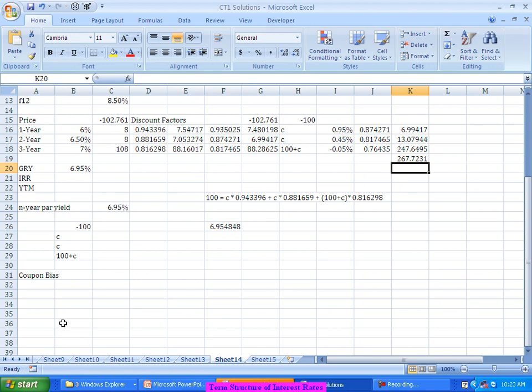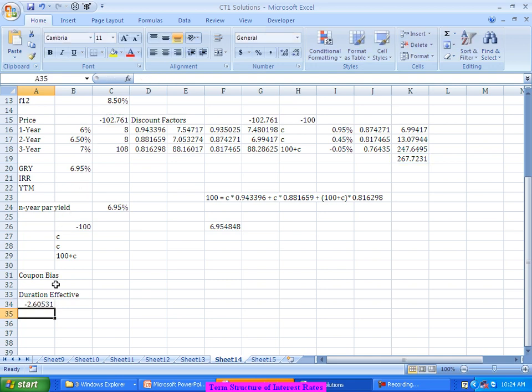So the duration or the effective duration in this case, what we are saying is nothing but minus of 267.72 divided by the original price, which happened to be 102.